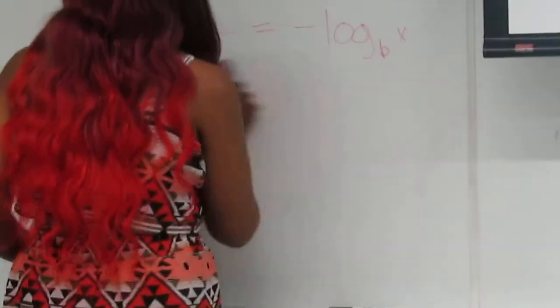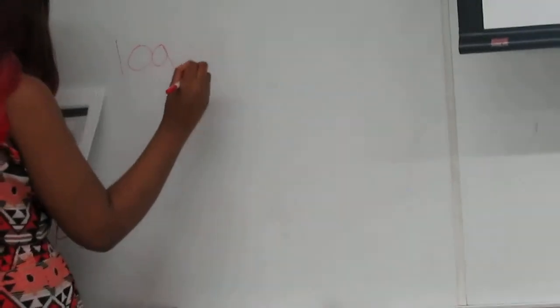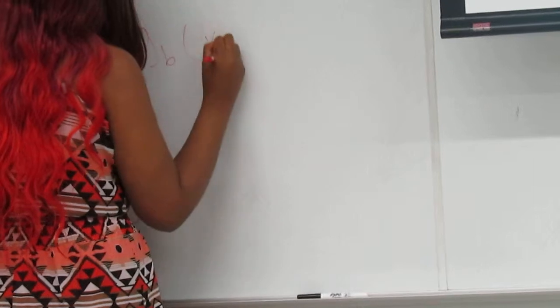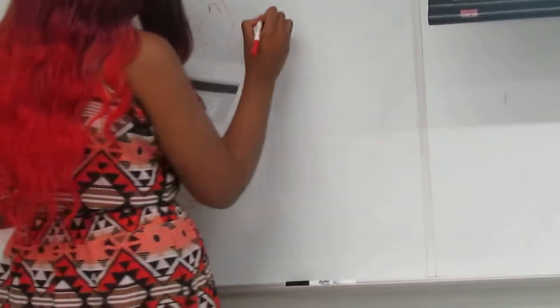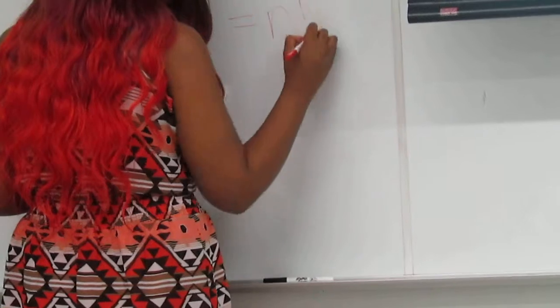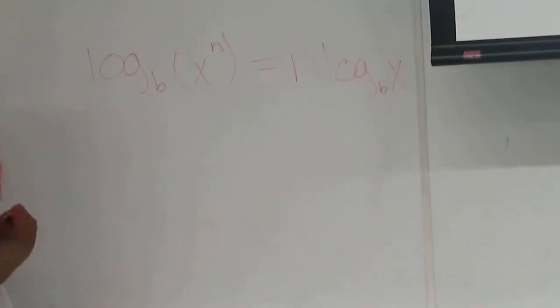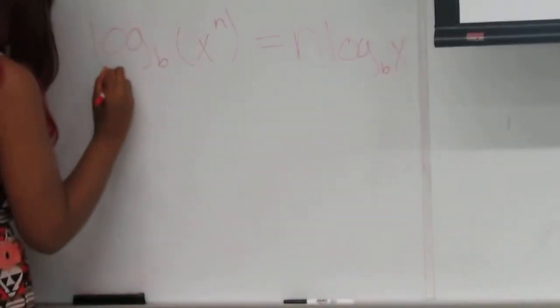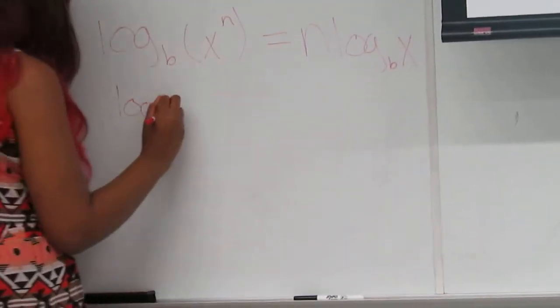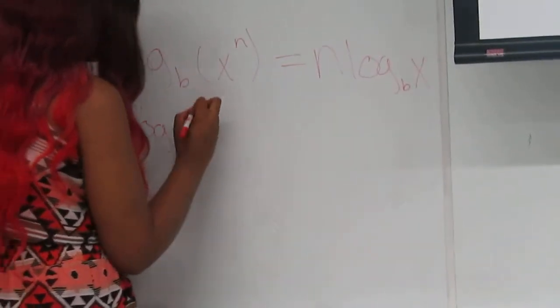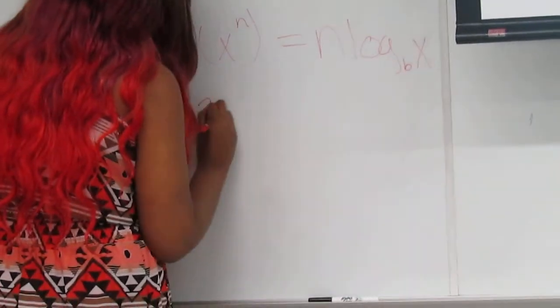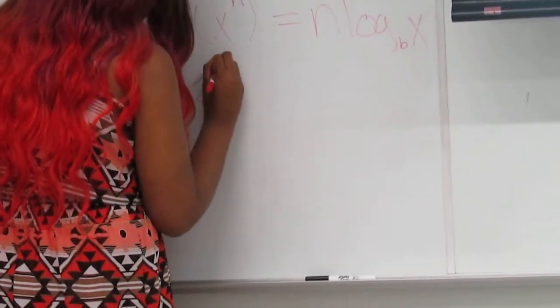Powers. The law states log base b of x to the n equals n log base b of x. An example would be log base 3 of 2 to the second.